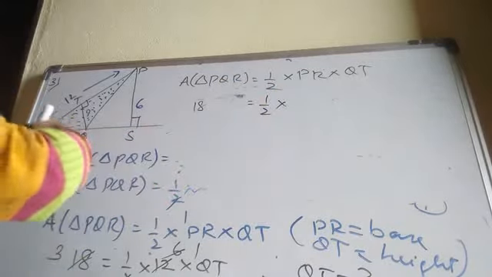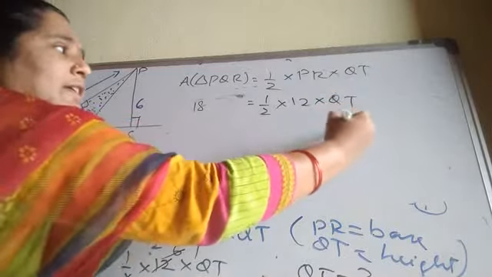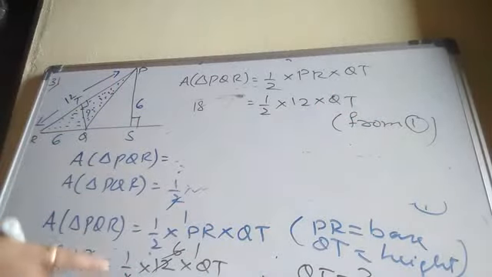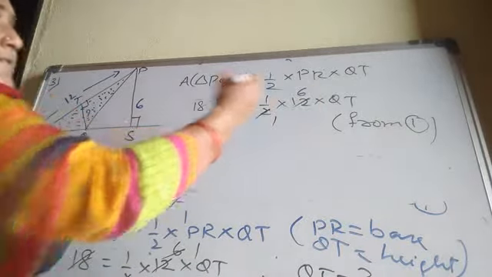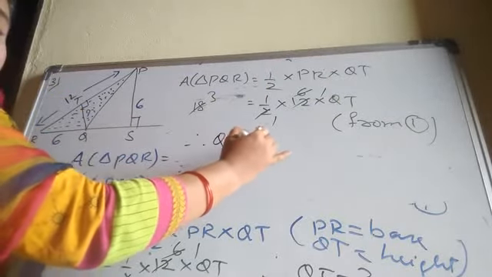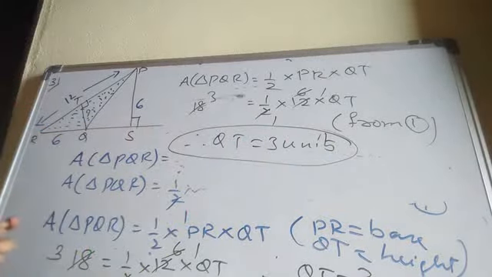Half into PR, how many units? 12 into QT. From number 1 we know area of triangle PQR equal to 18. 2 ones are 6, 6 ones are 3. Therefore, QT equal to 3 units. This is your answer.